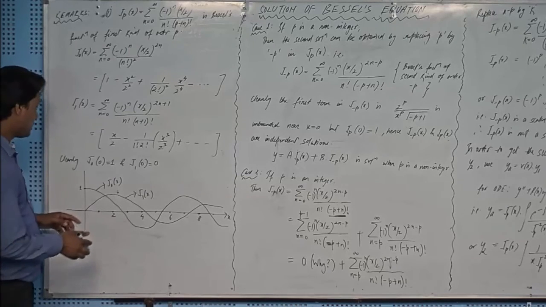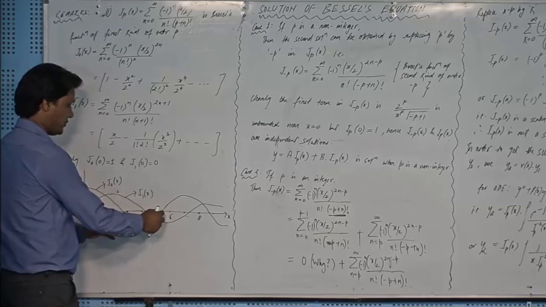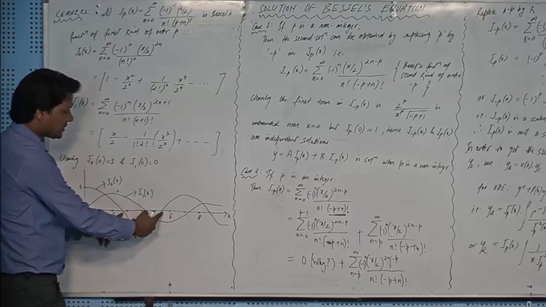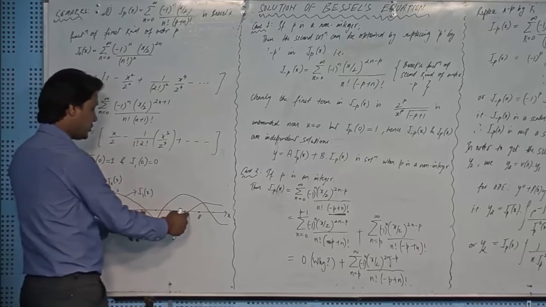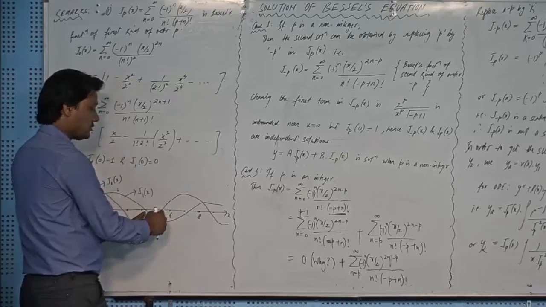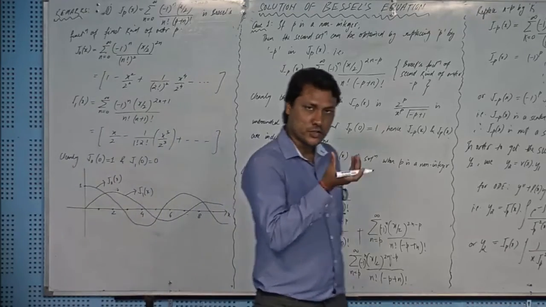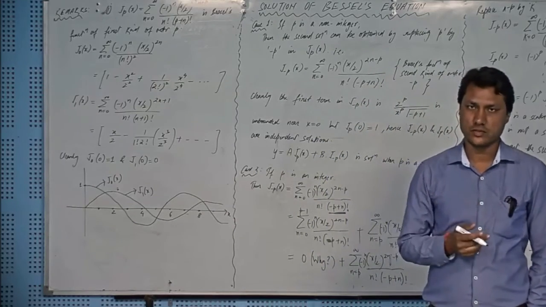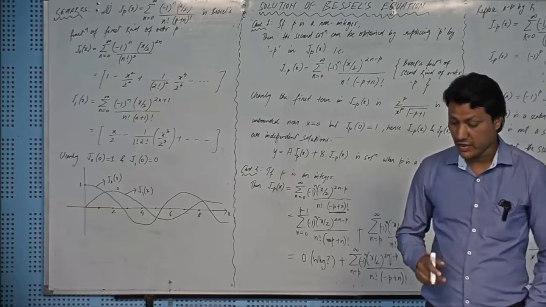It means that between any two zeros of J0, the points where it crosses the x-axis, there exists exactly one zero of J1, right? And similarly, between any two zeros of J1, there exists only one zero of J0. Similar to the behavior of sine and cos. Like in sine, between any two zeros of sine, there exists a single zero of cos, and vice versa for cos also, right? So these are the graphs, and now we'll write the final point.